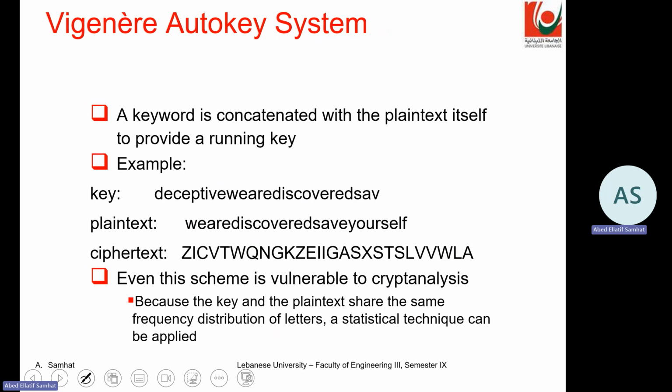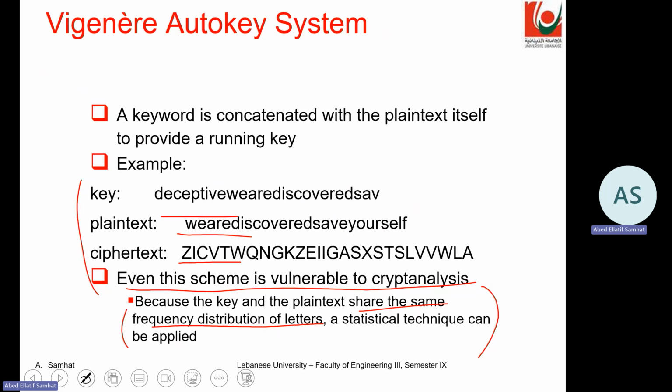So this is the deciphering. As we said, we have the plain text, the ciphertext, and how to recover. Even this scheme is vulnerable to cryptanalysis because the key and the plain text share the same frequency distribution of letters.